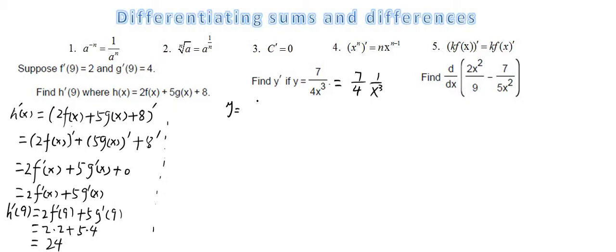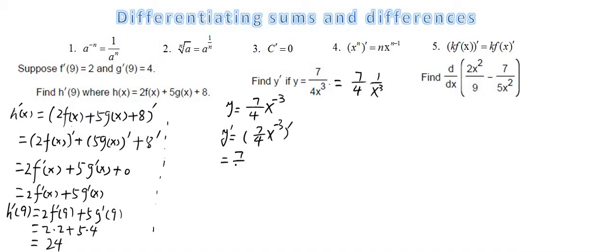This can be written as 7 over 4 times x to the power negative 3. Now we can use the power rule to evaluate the derivative. Here we're going to apply rule number 5, the constant multiple property.